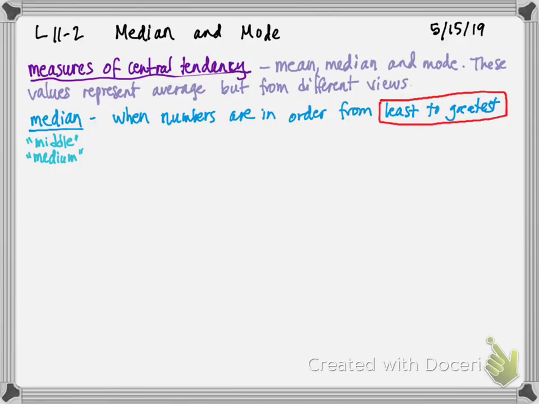So when numbers are in order from least to greatest, the number physically in the middle is the median.